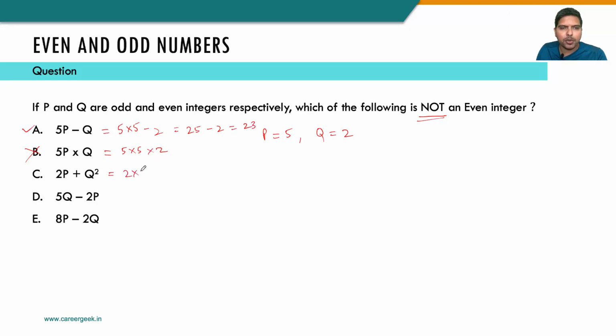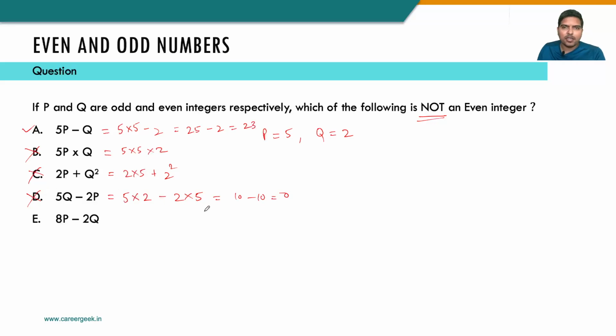Now 2p, 2 into 5, again is an even value, plus 2 square, an even value, right? Even plus even is going to be even for sure, we have seen. Okay, 5 times q, 5 times 2, right? Negative 2 times p, p is 5. So I get 0, which is even.